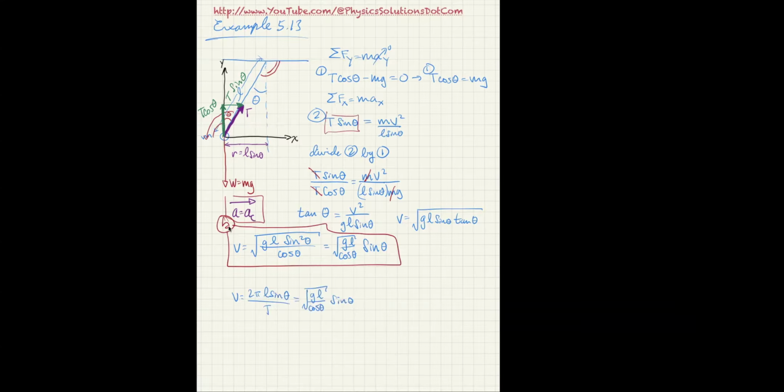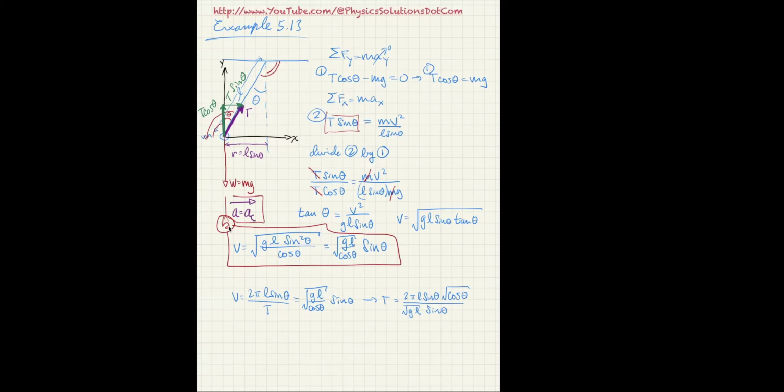So if we want to solve for T, we can take the T to the top, and we're going to get T equals 2 pi L sine theta times the square root of cosine theta, all of that divided by the square root of g times L. And then, of course, the sine theta will be on the bottom.